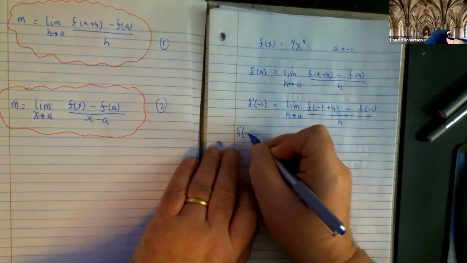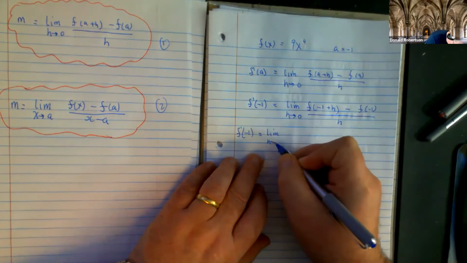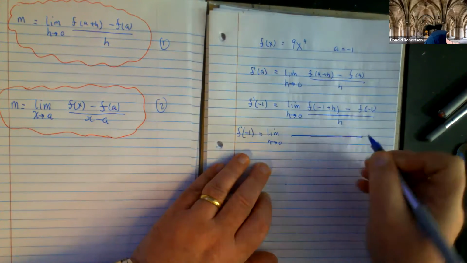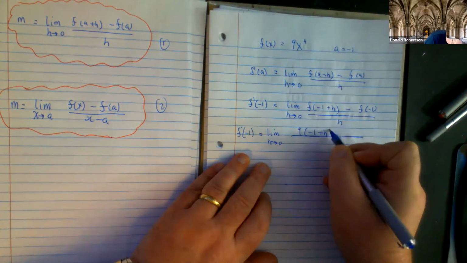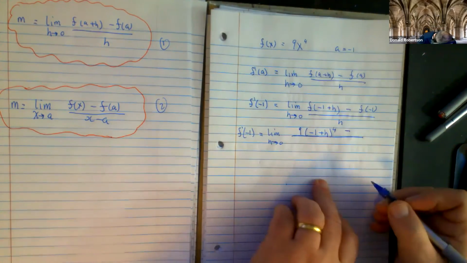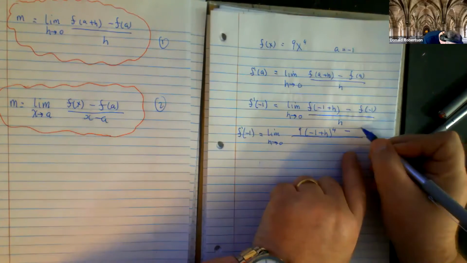So f dash -1 is going to be the limit as h tends to 0 of a really ugly, doesn't look ugly maybe, but it is, that guy. And f of -1, well, -1 to the 4 is 1, so that's 9. So you're basically taking away 9.